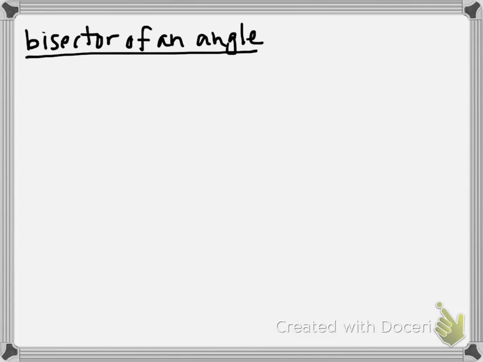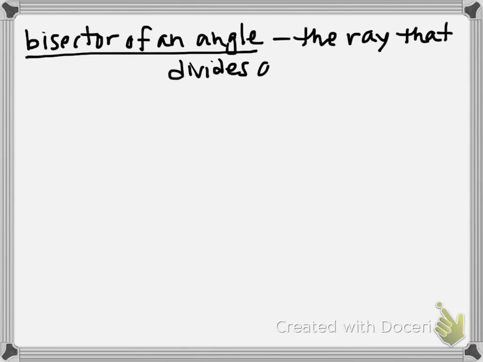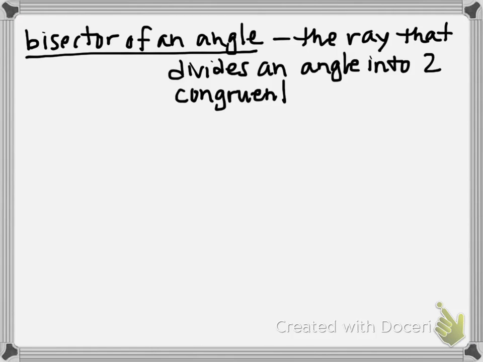And this is the ray that divides an angle into two, and here comes the key word, congruent adjacent angles.